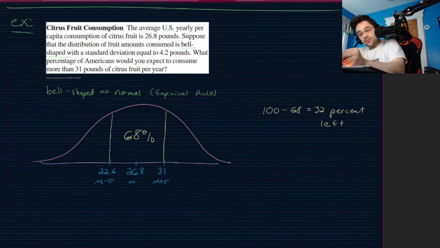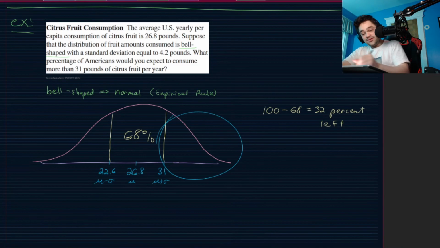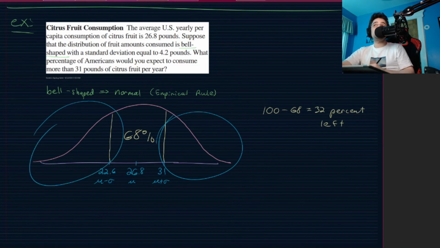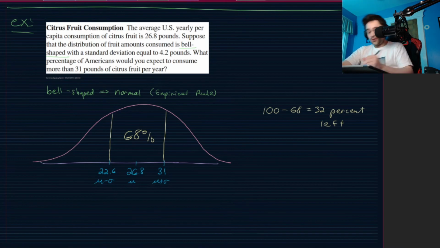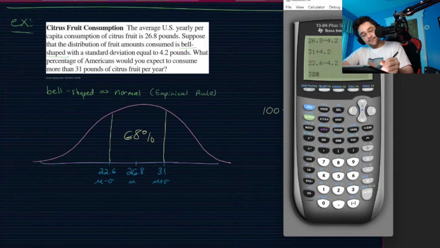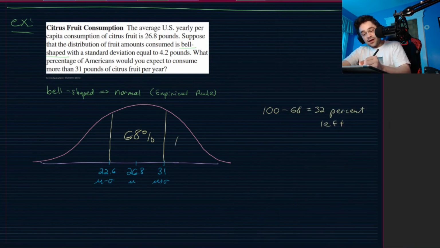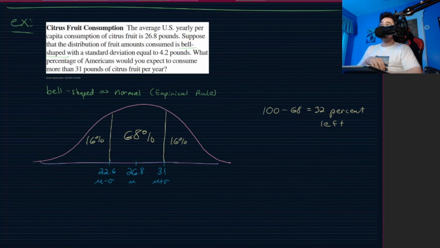And so what this also means is that if we've got 32% left and we've got two equal-sized tails to distribute that percentage to, we cut that in half. 32 divided by 2 is 16. So each of these portions of the distribution equate to 16% of the data.